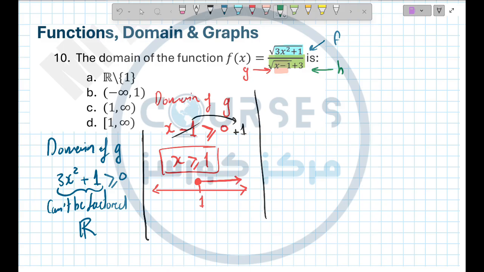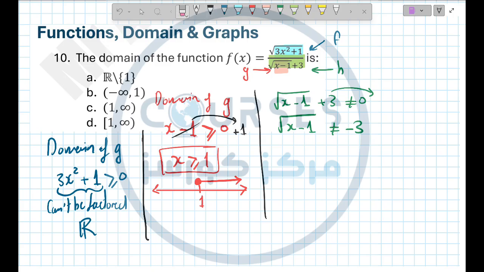The last one is h. h is the entire denominator, and we know that the denominator cannot be equal to 0. Square root of x minus 1 plus 3 cannot be equal to 0. Move the 3 to the other side, so square root of x minus 1 cannot be equal to negative 3. Now you're gonna tell me, mister, we apply power 2 to both sides. No. He's telling you the square root isn't equal to negative 3.